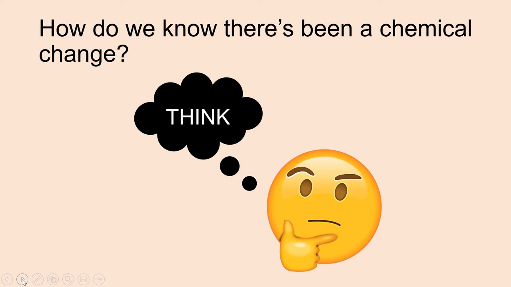How do we know if there's been a chemical change though? Take 30 seconds to a minute, pause the video and think about any chemical reactions you know. How do we know it's happened?